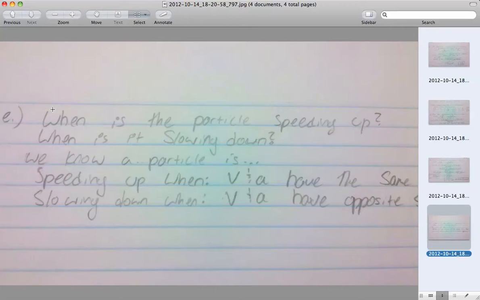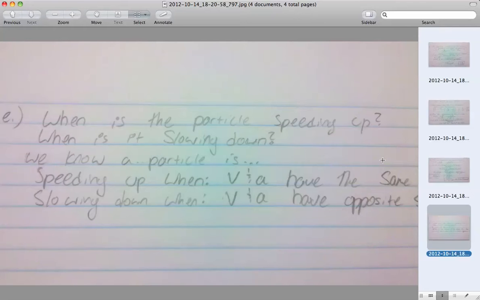And for this last part, when is the particle speeding up and when is it slowing down? We know that a particle is speeding up when the velocity and the acceleration have the same sign, and it's slowing down when velocity and acceleration have opposite signs.